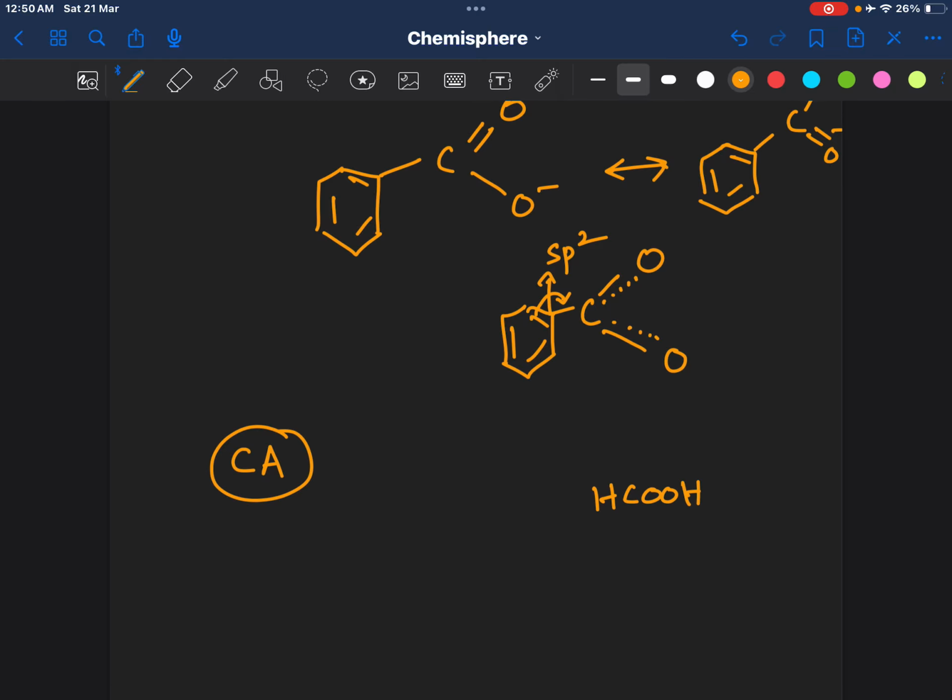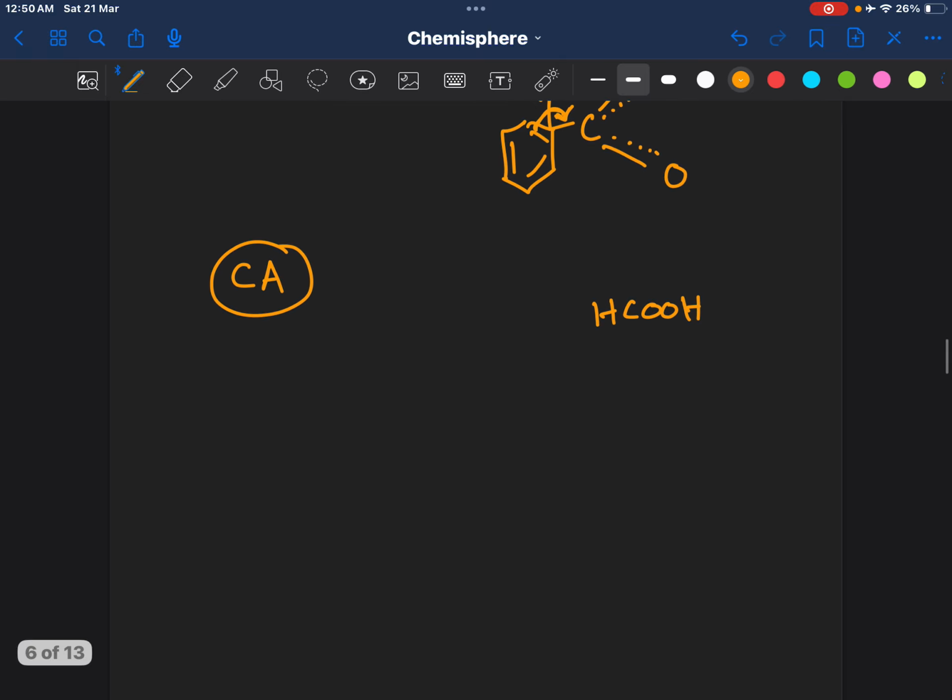So the order is obviously C will be more than A. C is HCOOH, which has no such effects like plus R, but A has plus R and minus I. Minus I dominates, but there is some amount of plus R due to which C is more than A.